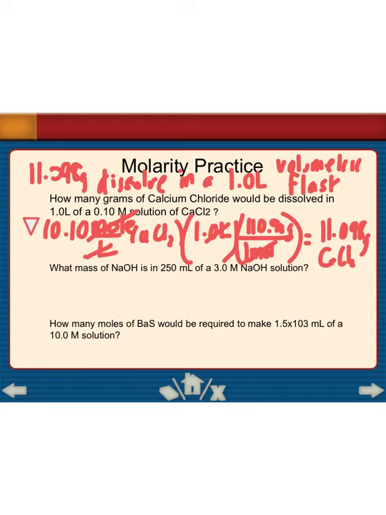You should have seen one of these in one of the videos, but they're the best glassware to use if you want an accurate concentration. So that was the first one.